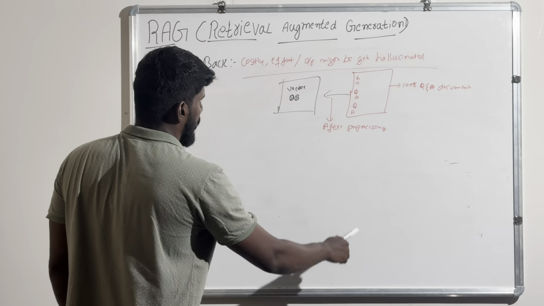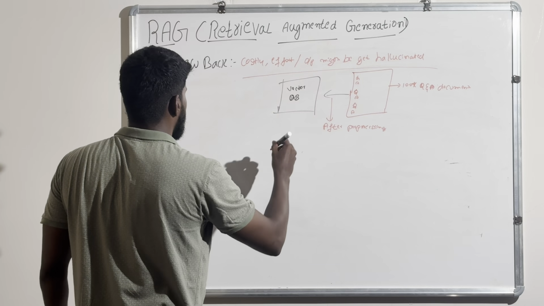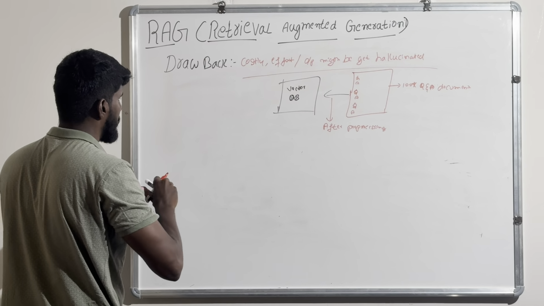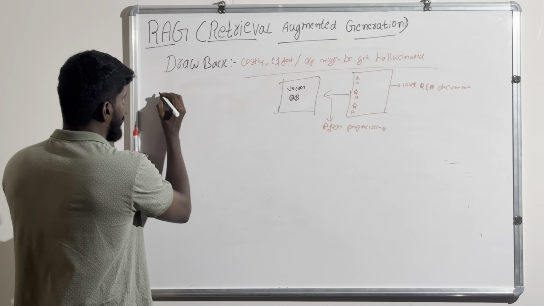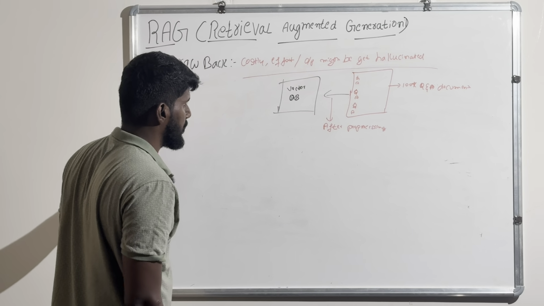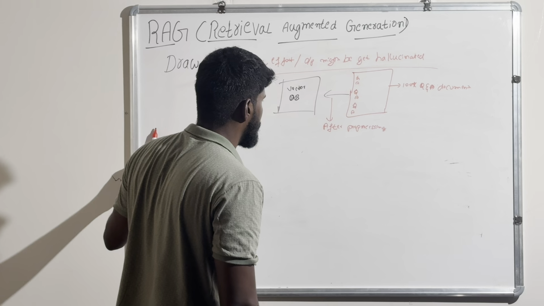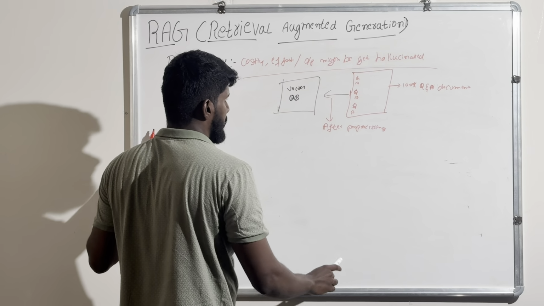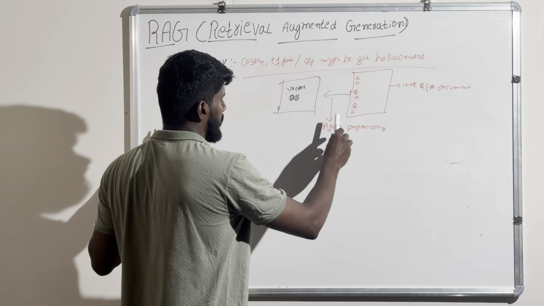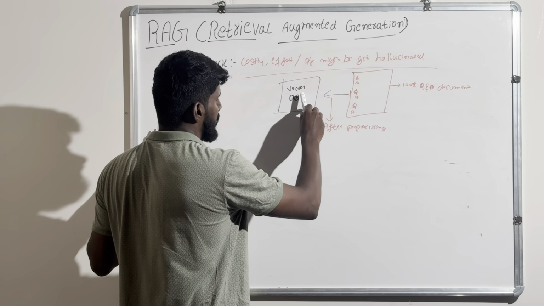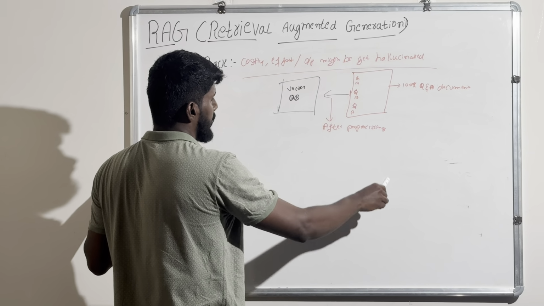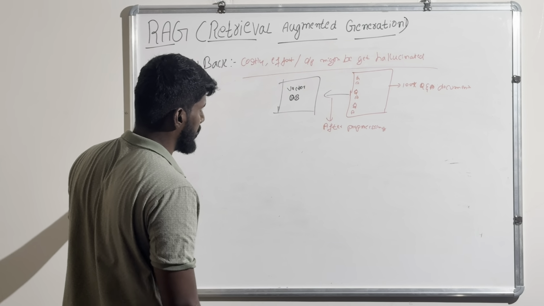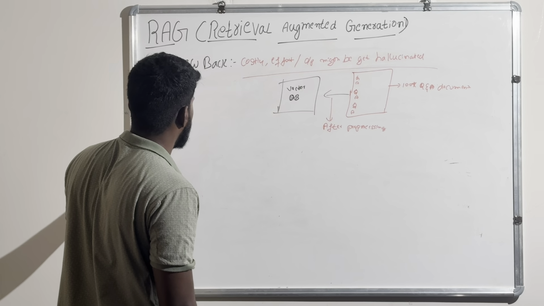Let's say all these question answers are now available in the vector DB. We took two question examples: how do we reset the password and how to activate the license. Consider these two questions are available with answers in this vector DB after the data processing, the chunking, converting to embeddings and all.